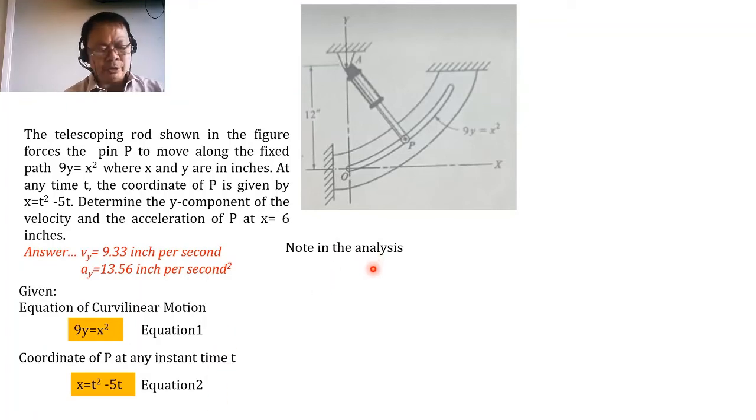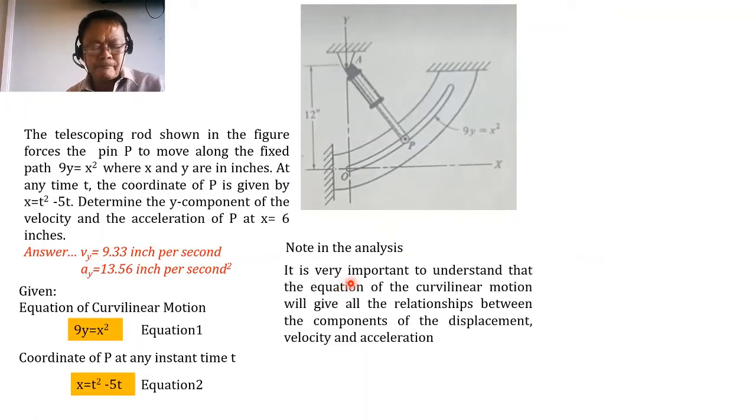analyzing the situation, I would like to again take note of some notation that may help us solve the problem. Sabi dito, it is very important to understand that the equation of the curvilinear motion will give all the relationship between the components of the displacement, the velocity, and the acceleration.